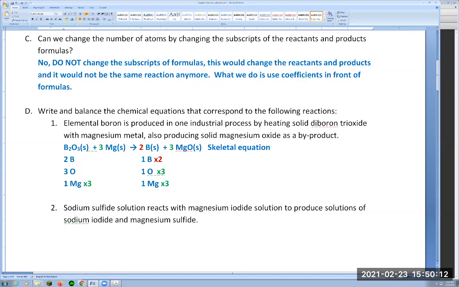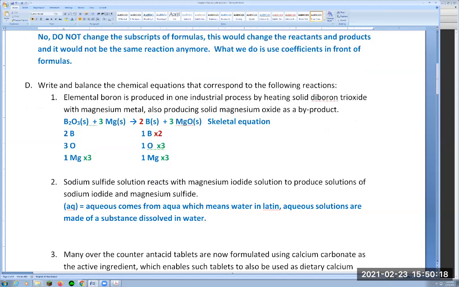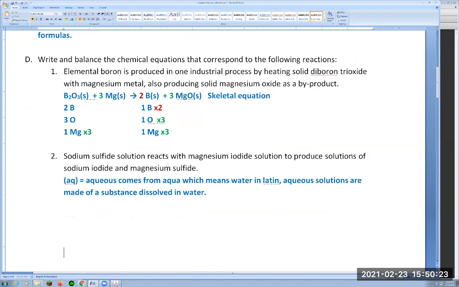And so the physical state in this case will be aq for aqueous. We are using aq for aqueous. Aqueous comes from aqua, which means water in Latin. And so an aqueous solution is a solution made of a substance dissolved in water.